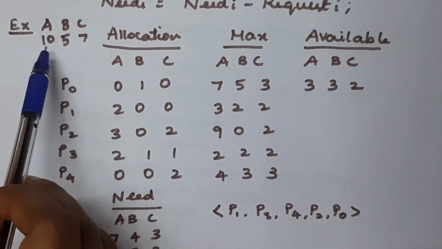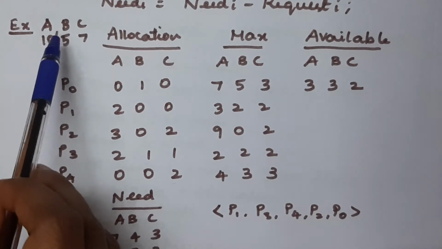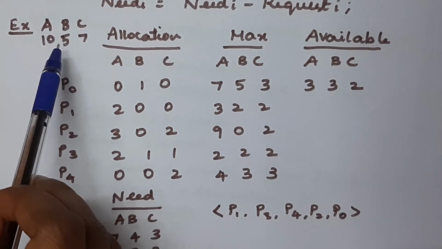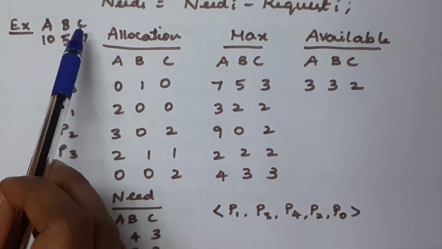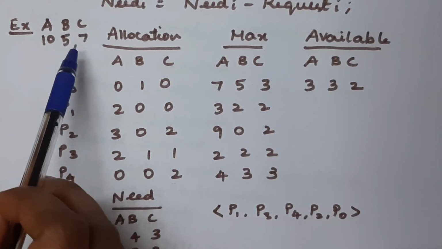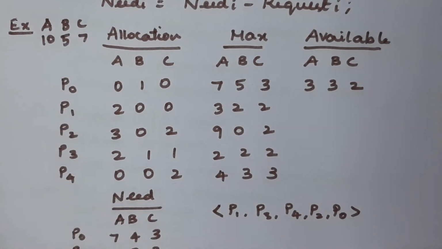The first resource type A has 10 instances, the second resource type B has 5 instances, and C has 7 instances, which is the total number of each resource we have. Suppose A is a printer, it means we have 10 printers connected with that system, and 5 of some other resource of type B, and C has 7 resources, right?